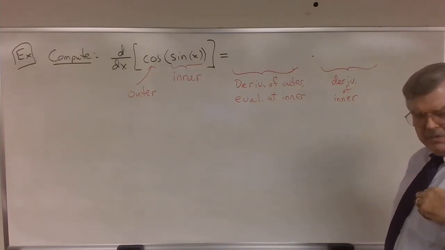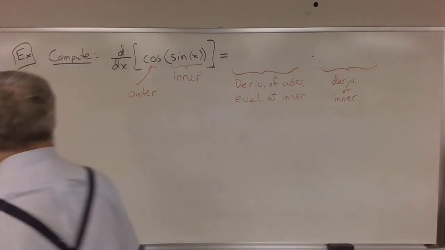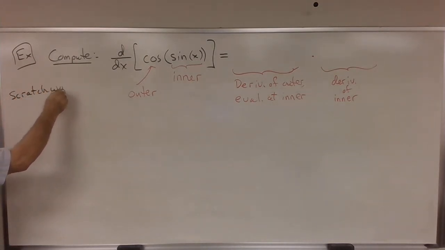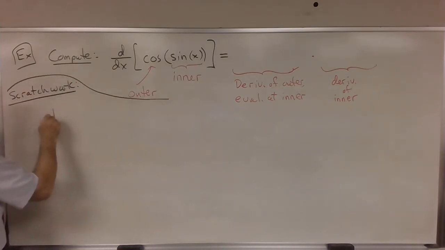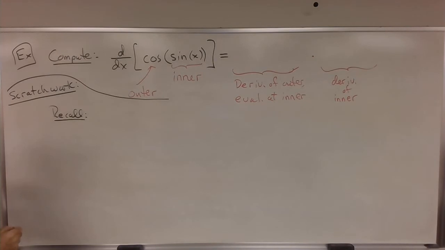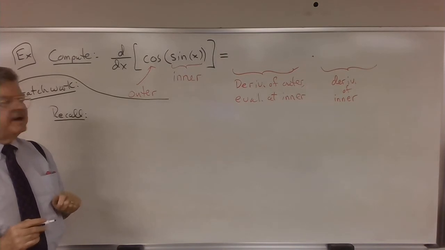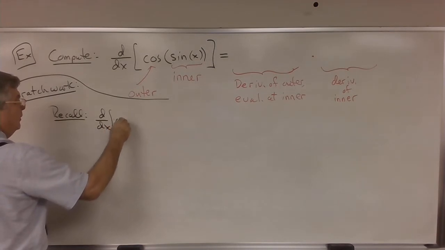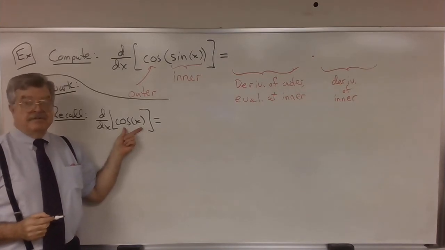Now I'm going to do something that I did with the previous exercise. I'm going to plan everything out. I'm going to do some scratch work. Cosine's my outer function. So I'm going to remind myself what it is I know about the derivative of cosine. What's the derivative of cosine of x?